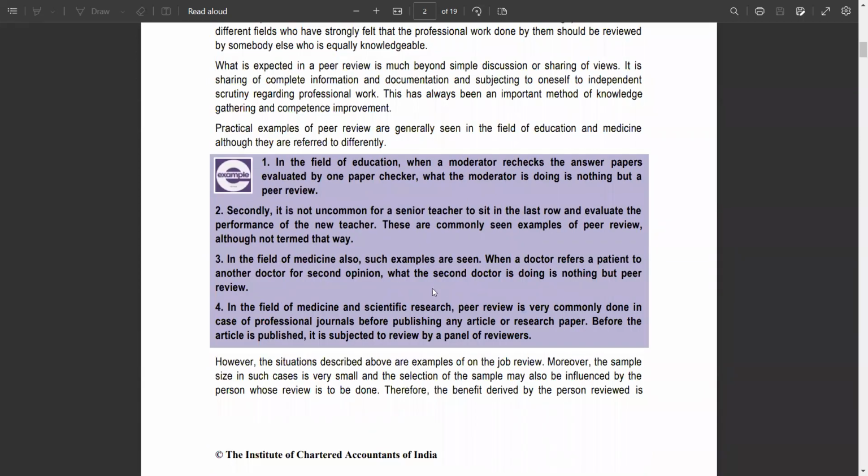So the gist of these examples is that peer review is done to keep a check on the quality of the services being provided by a firm of chartered accountants to the audit clients.